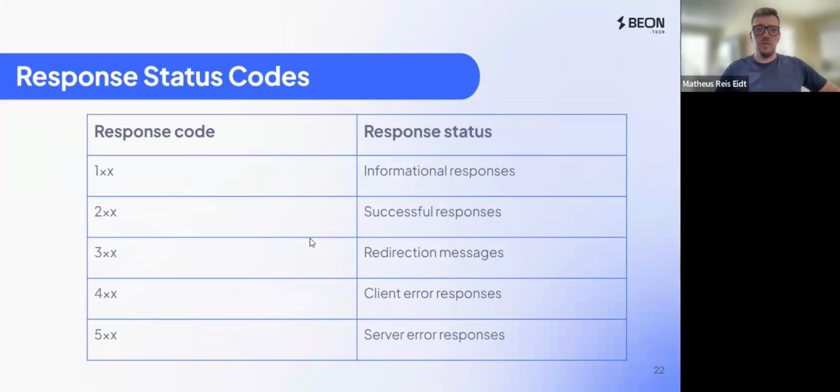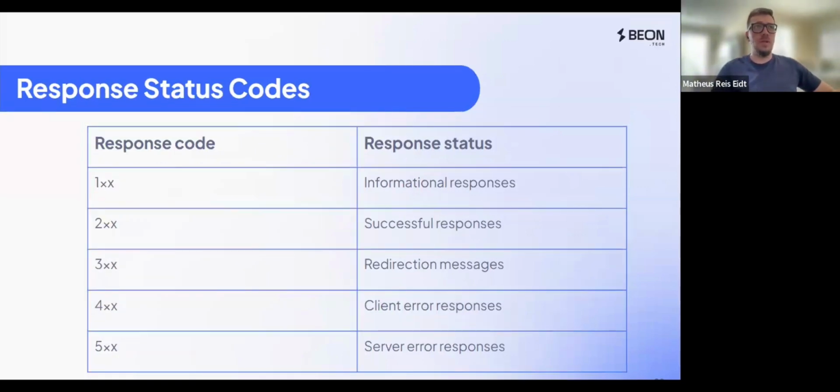Now that we know the authentication and all the other things, let's talk a little bit about response status codes. When we send a response to the client, we also need to send the status code. Those status codes are defined on requests for comments, or RFCs. They are divided in ranges, and each range identifies one type of response.